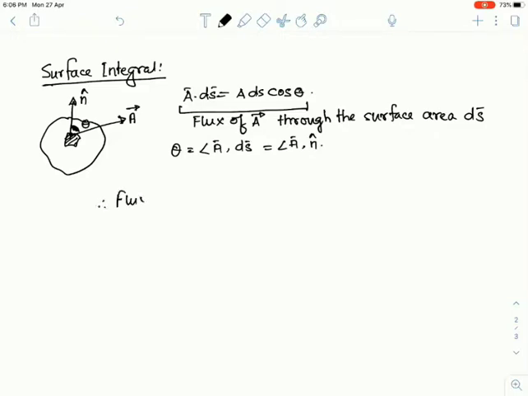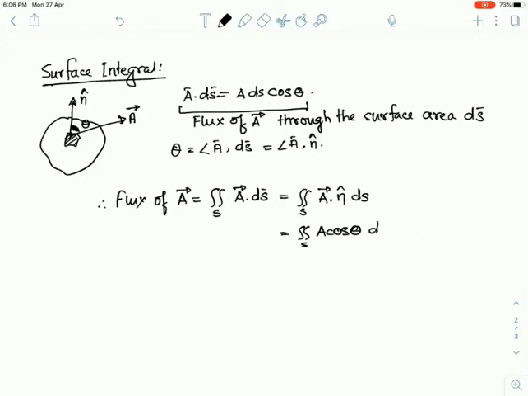So now the flux of vector A through the whole surface is the double integral, that is surface integral of A vector dot ds vector, which equals A ds cos theta under this double integration.